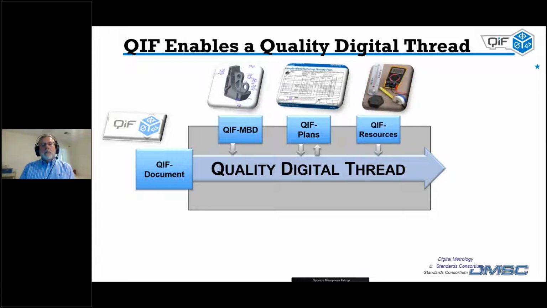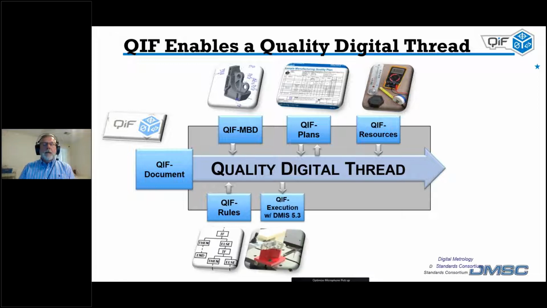And then as you pull in and investigate and select different QIF resources, those get added to the digital thread. You may want to consider some certain rules, so maybe you pull in a rule for different applications. So those get added to the quality digital thread. Then, of course, based on your inspection plan, you go out and execute that, maintain that persistent CUPID that we talked about, get those execution results via DMS 5.3 or other devices, and then export those measurement results in the QIF results format, which continues to get added to the quality digital thread.